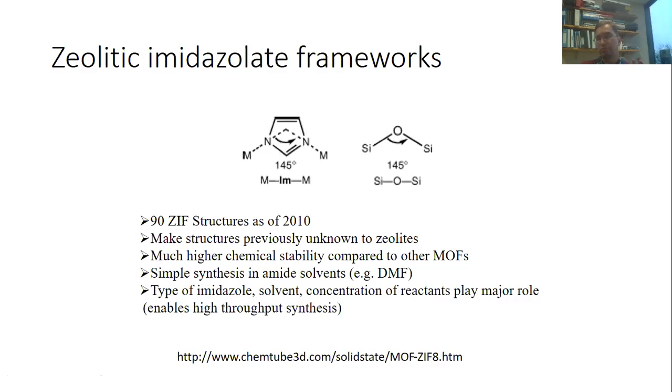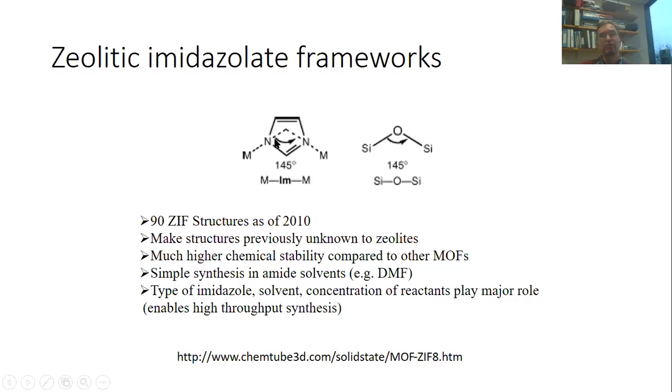So I've told you previously when we discussed zeolites, in zeolites we have an average 145-degree bond angle between the O2- ion and the silicon 4+ ions which are tetrahedrally coordinated. And now the zeolitic imidazolate analog has an imidazolate anion, which has only one minus charge.